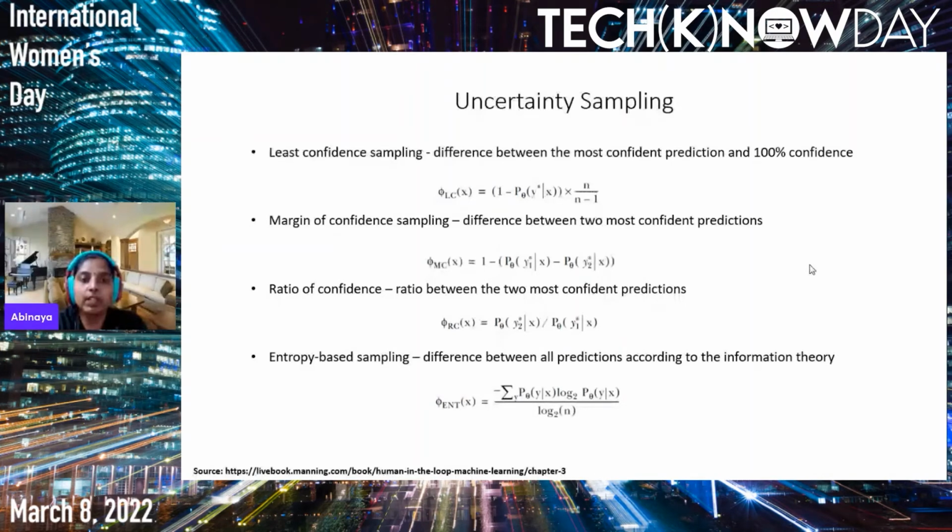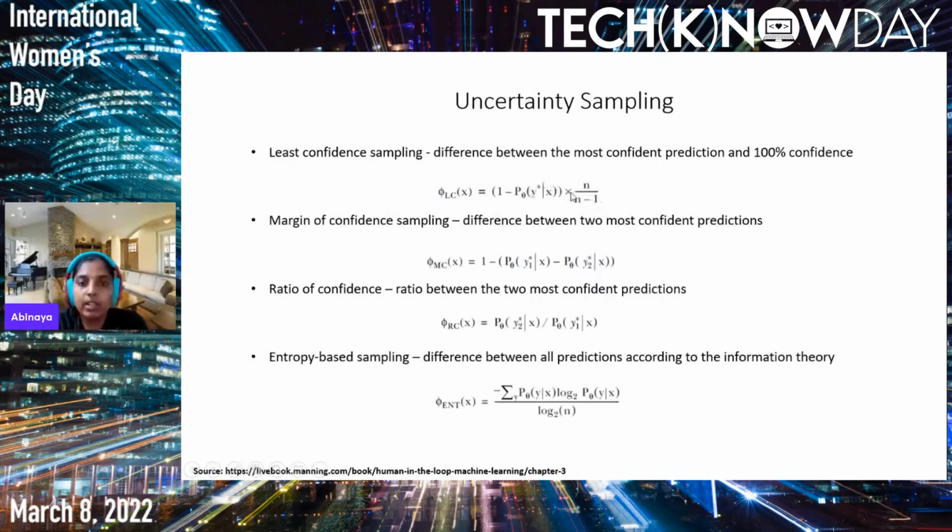The first method under uncertainty sampling is least confidence sampling. Here, you try to calculate the difference between the most confident prediction and 100% confidence. So basically, there are, say, n classes, out of which one class has the highest probability, say 90%. In that case, you subtract 1 minus 0.9, multiplied by n divided by n minus 1, where n is the number of classes.